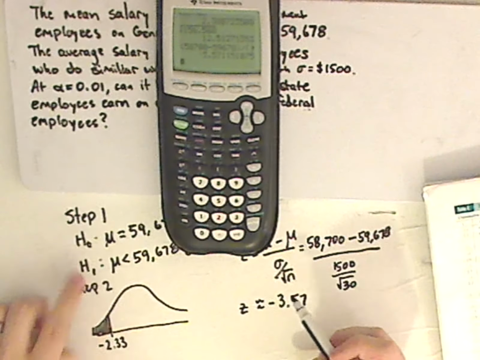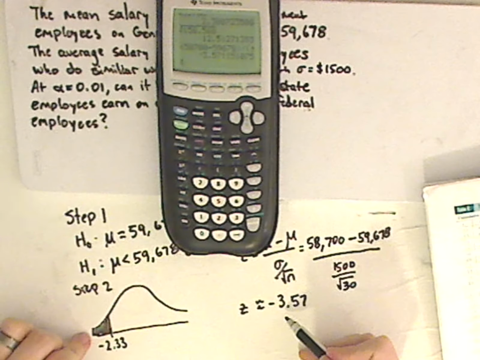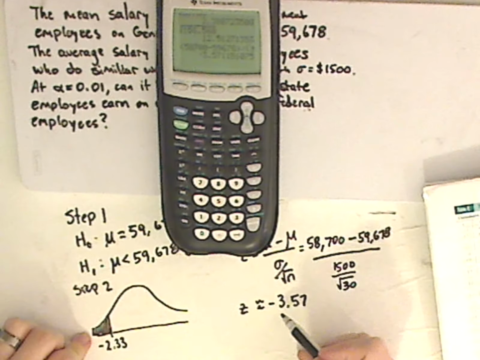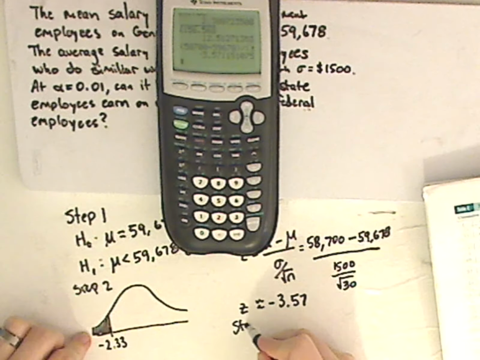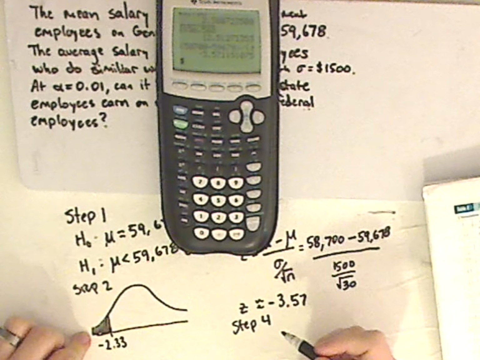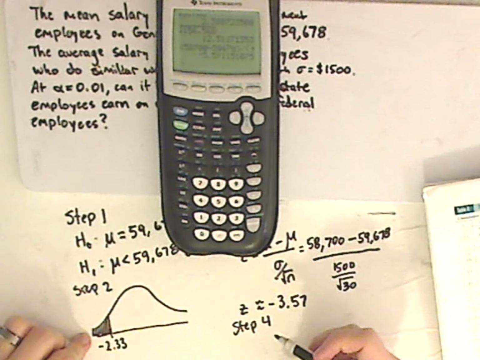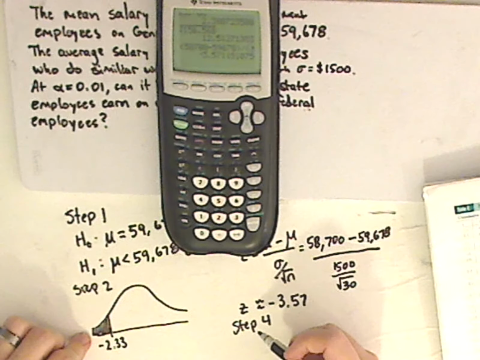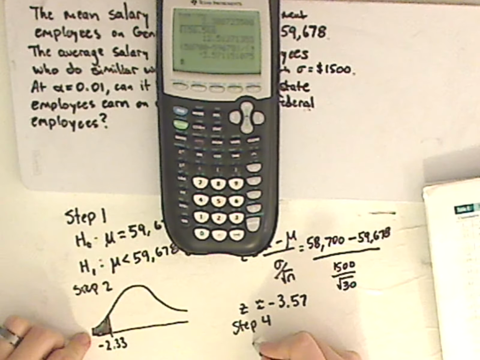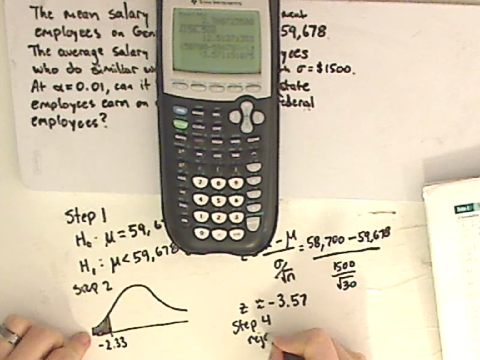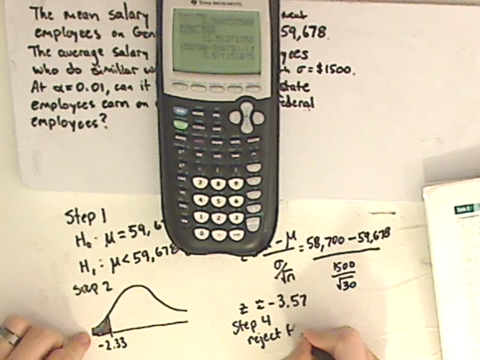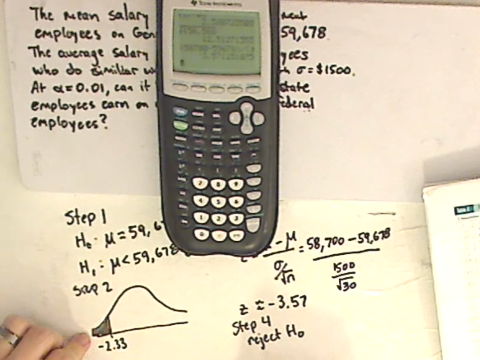Now I look at if it falls within the rejection region, so step 4, making a decision. Does it fall in the rejection region? The answer is yes. So since it falls in the rejection region, that means I'm going to reject the null hypothesis.